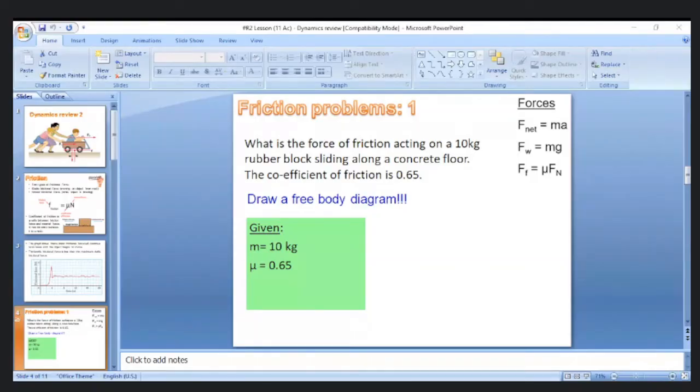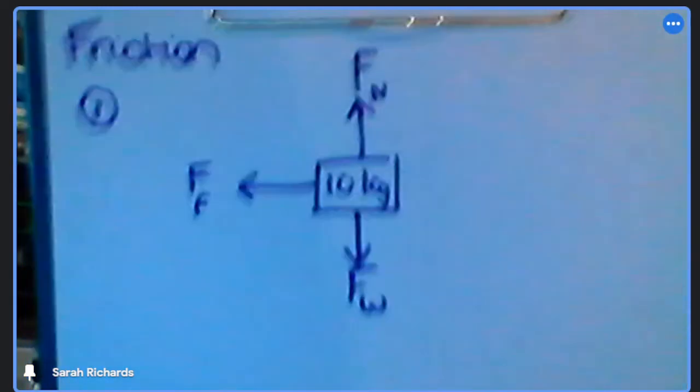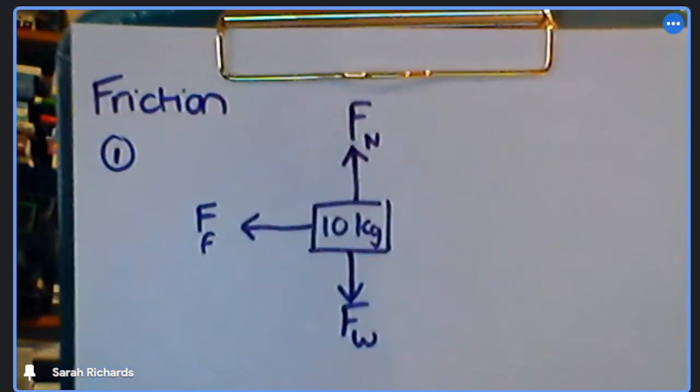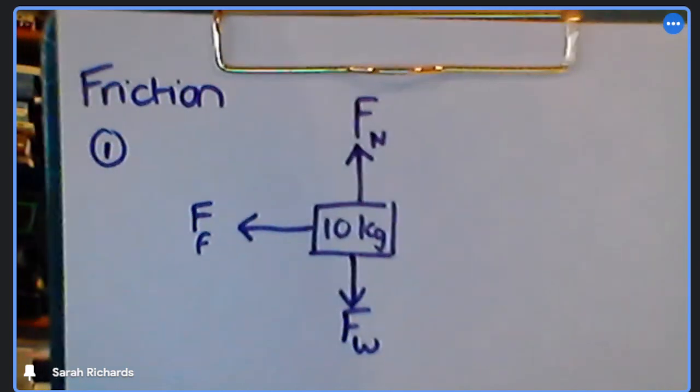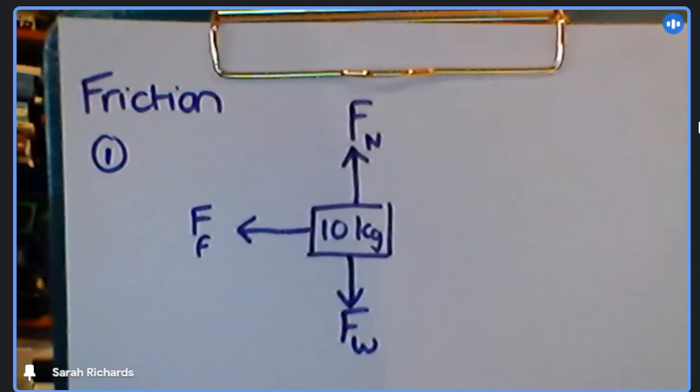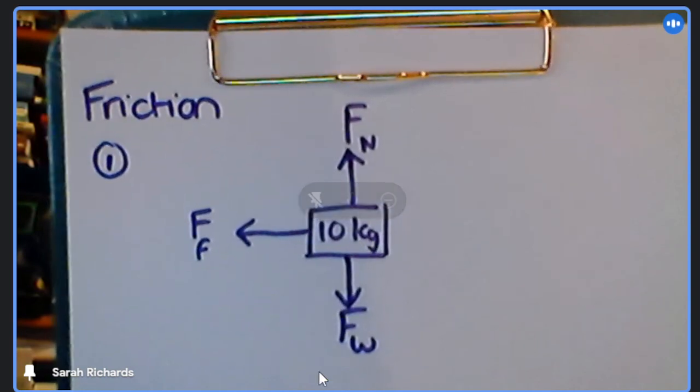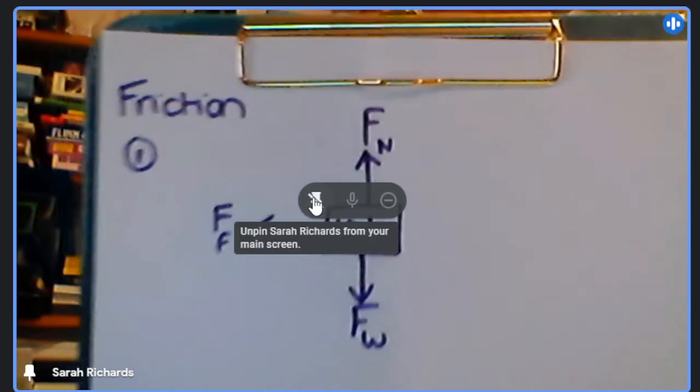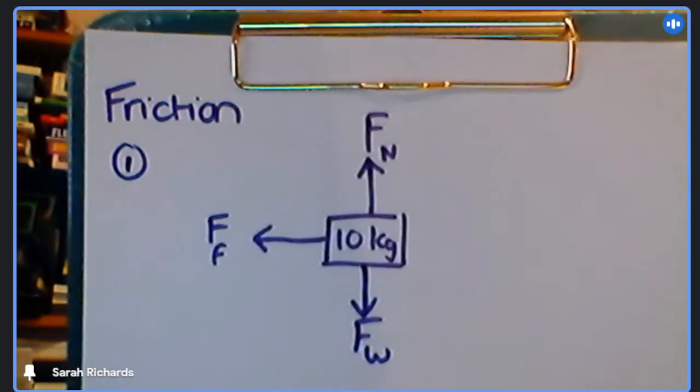So I've got the force of friction, and the other forces that will be involved in this particular situation will be the weight, which will be acceleration due to gravity multiplied by the mass of the block, and the normal force, which is acting in an equal and opposite direction.